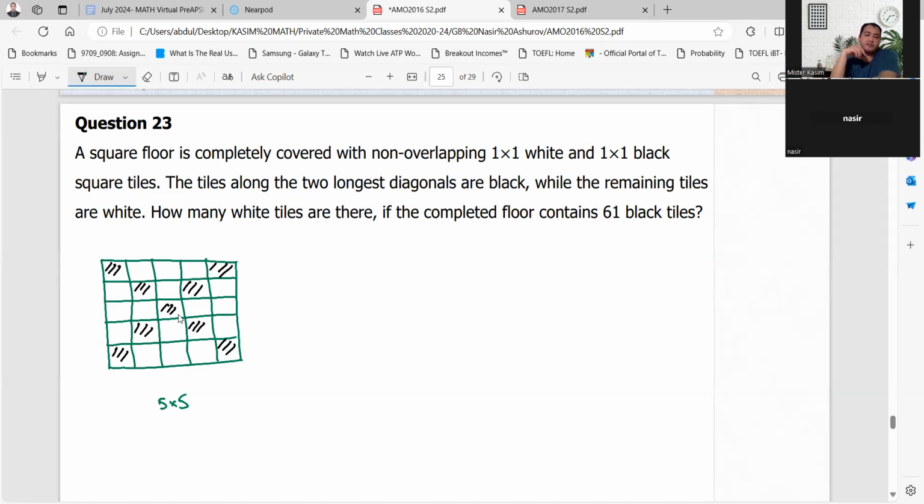How many white tiles are there if the completed floor contains 61 black tiles? One more minute, Nasir.